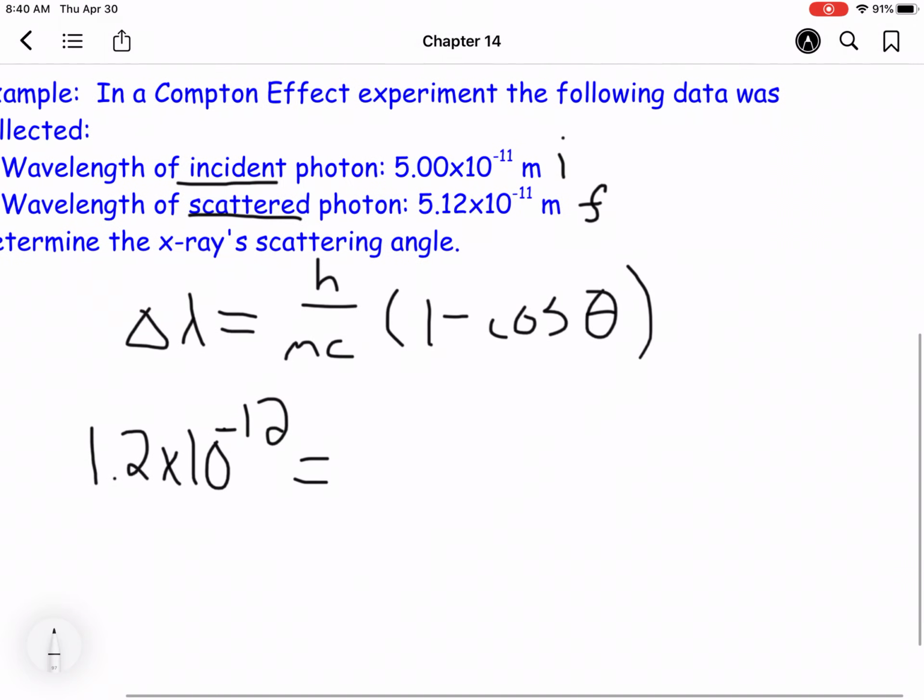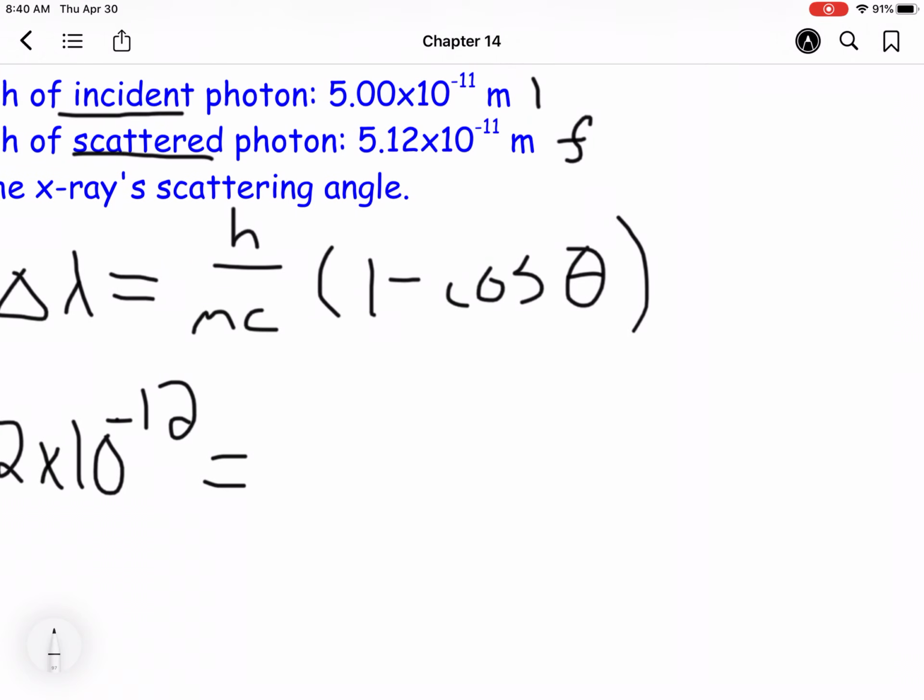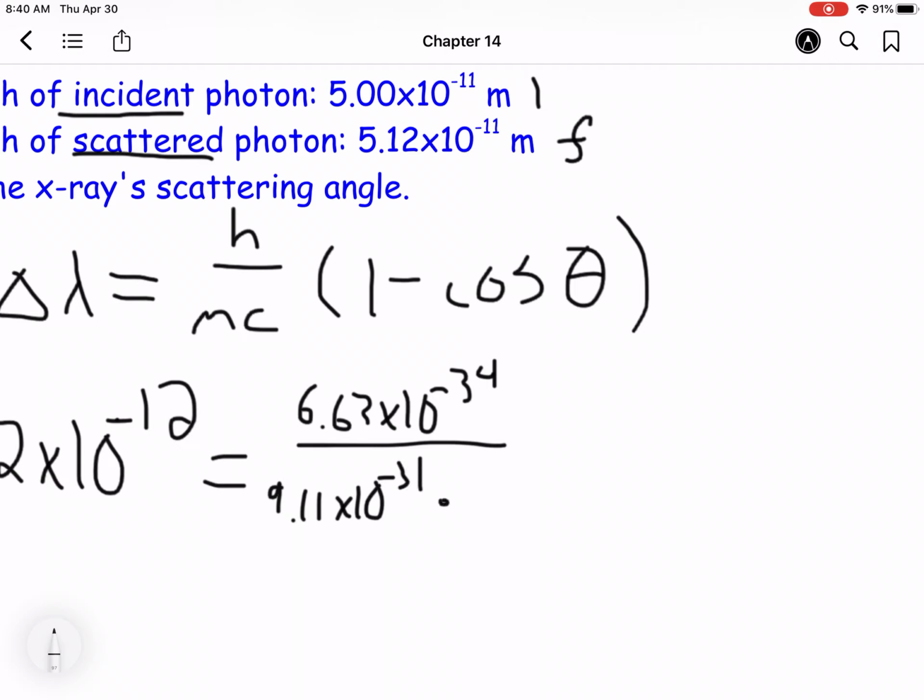This part right here, the H over MC, is the same as last time. So it's 6.63 times 10 to the negative 34 over 9.11 times 10 to the negative 31 times 3 times 10 to the 8, 1 minus cos theta.